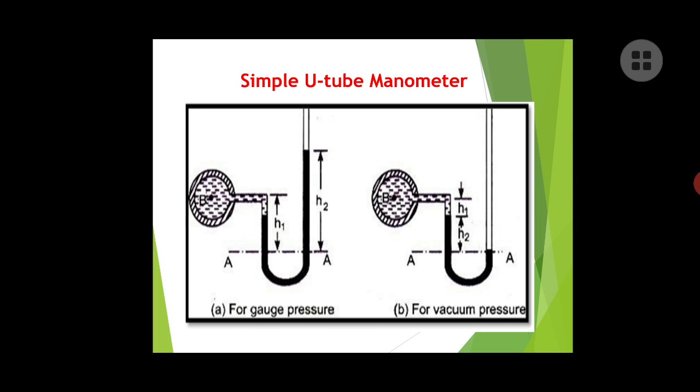Both figures are drawn. The right side is a gauge pressure, simple manometer, and the second is a vacuum pressure from another side.